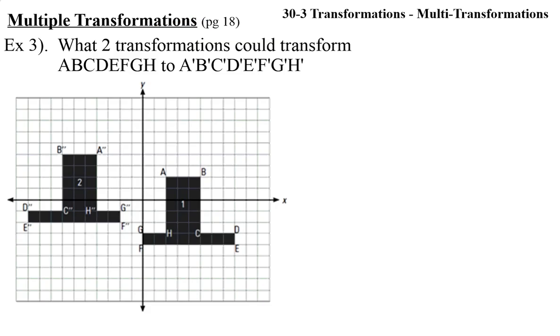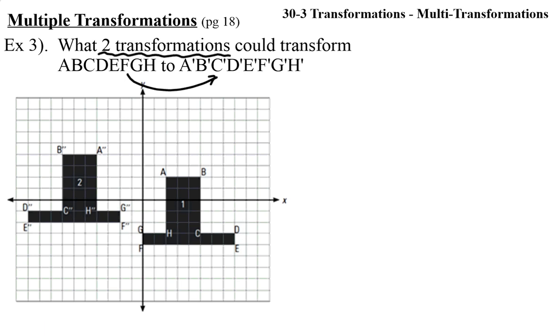So last couple ones, page 18 now. So the difference between doing actual rotations and transformations and reflections is sometimes it doesn't ask you to do it, it asks what's happened. So I kind of look at this question, it looks like top hats to me, a couple of top hats. We want to know what are the two transformations that takes top hat A, B, C, D, E, F, G, H to A prime, B prime, C prime, D prime, E prime, F prime, G prime, H prime top hats.